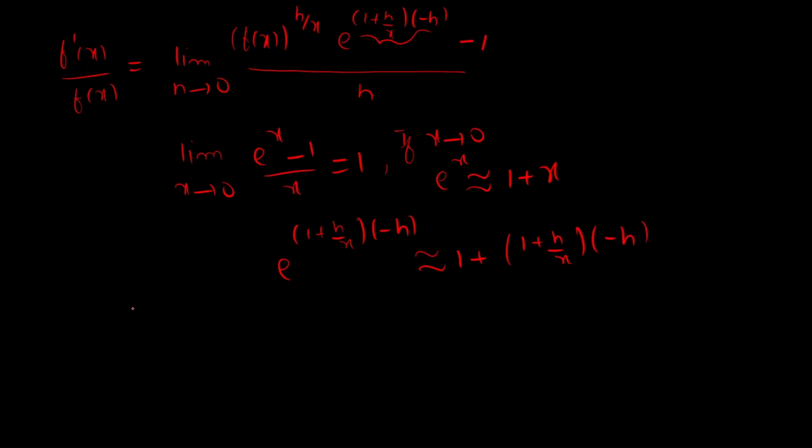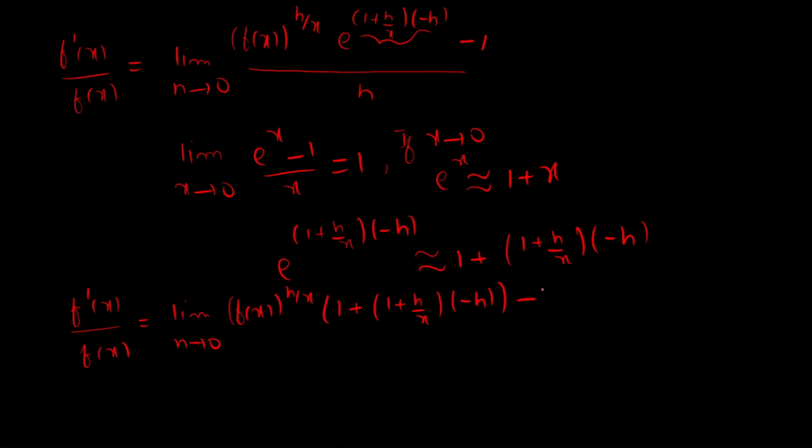Now let us start evaluating our limit again. f dash of x by f of x is equal to limit h tends to 0, f of x power h by x into (1 plus h by x times minus h minus 1), whole divided by h.